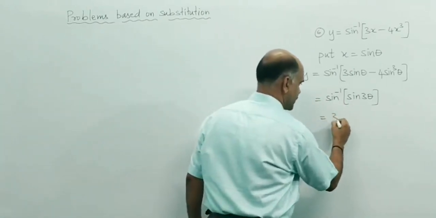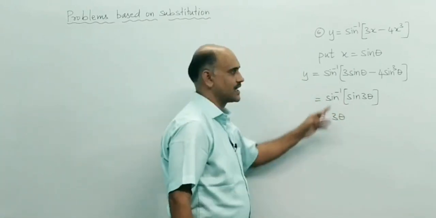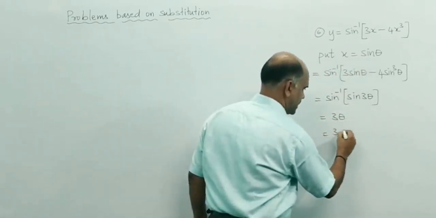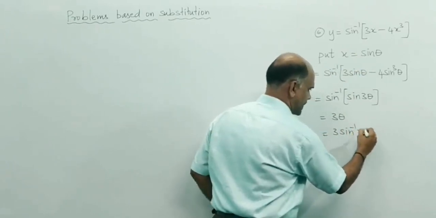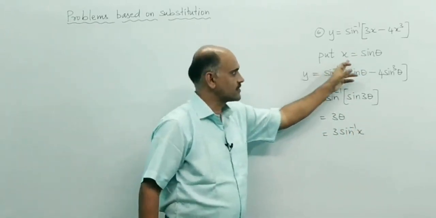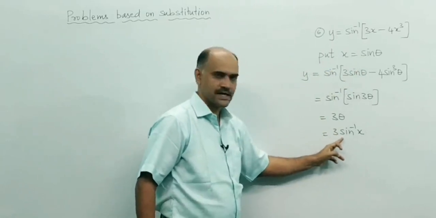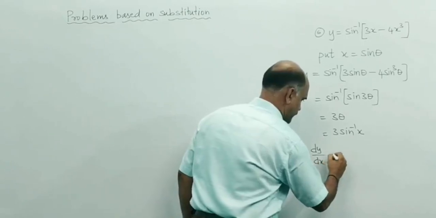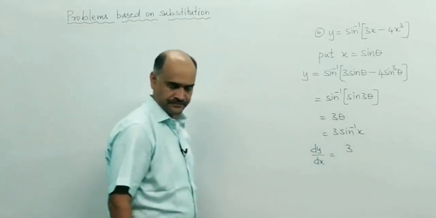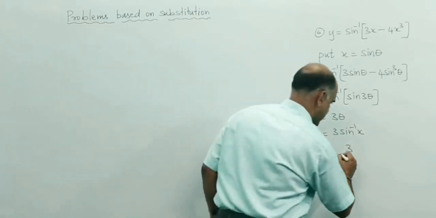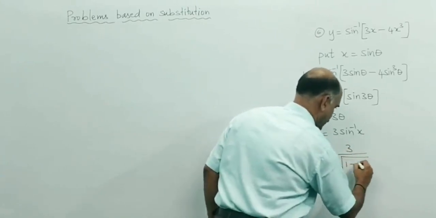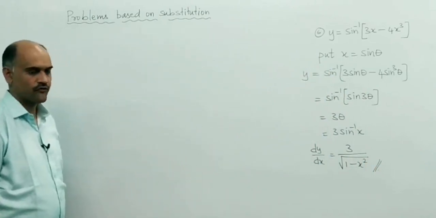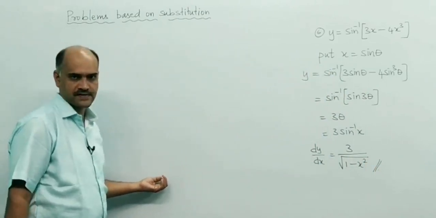You will have y is equal to 3 theta. Again substitute and then differentiate. So this is 3 sine inverse x, since x equal to sine theta, theta is sine inverse x. Now you differentiate dy by dx. 3 as it is, differentiation of sine inverse x will be 1 by root of 1 minus x square. So you will have 3 by root of 1 minus x square.